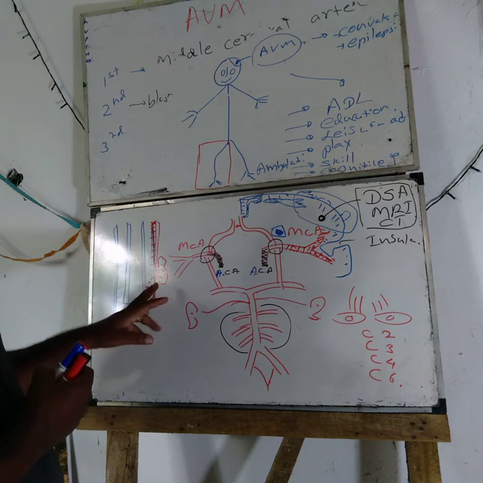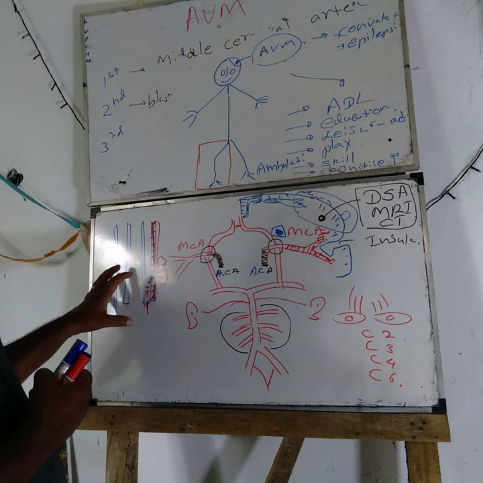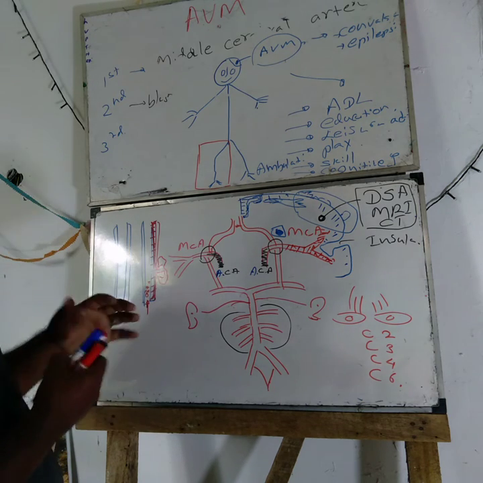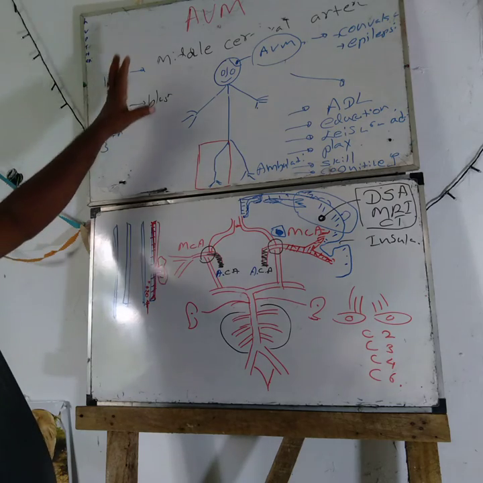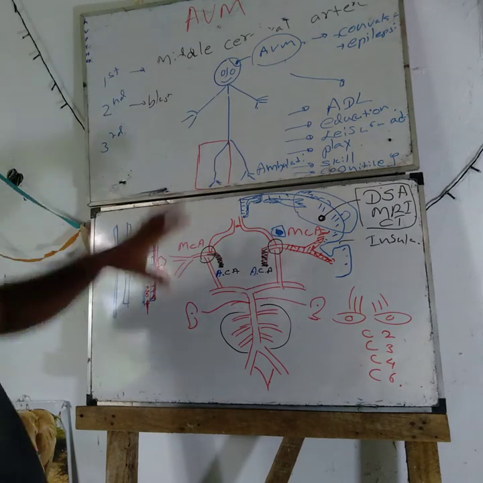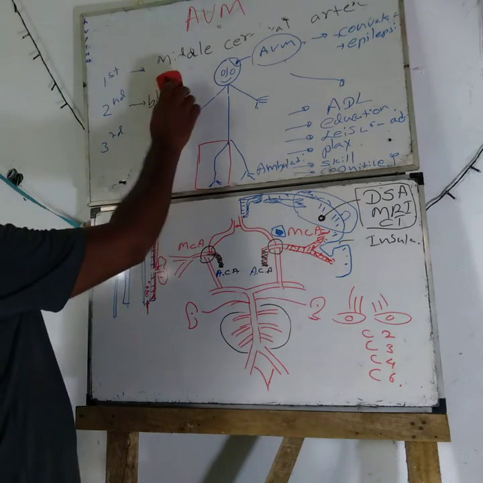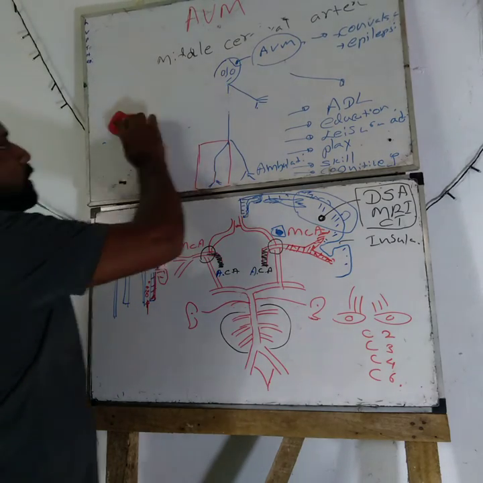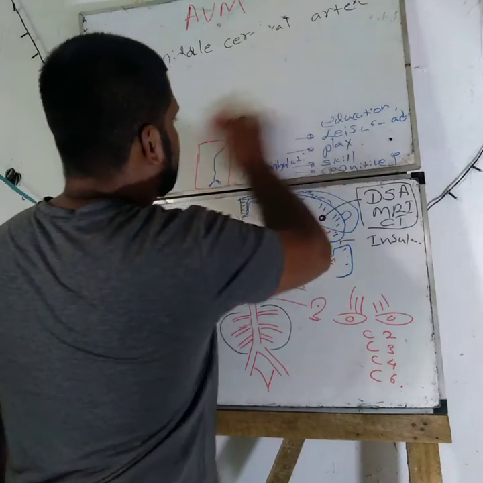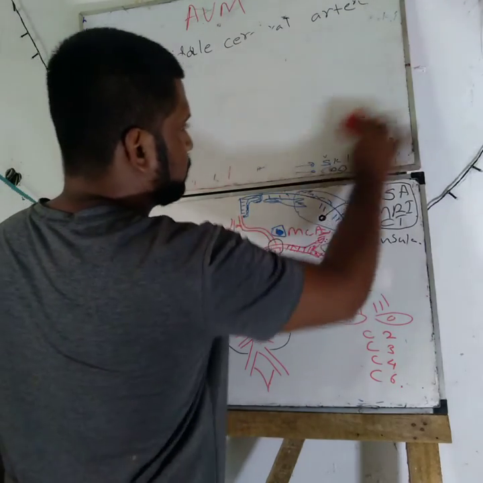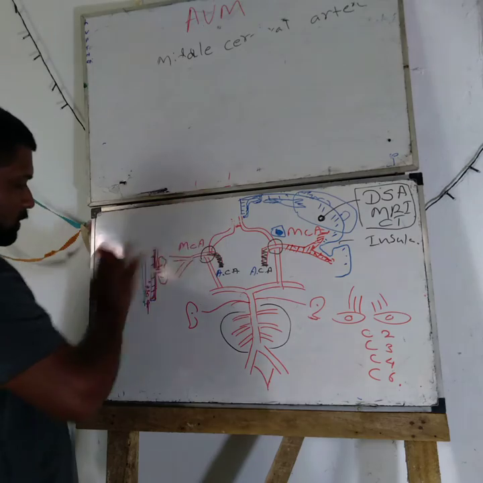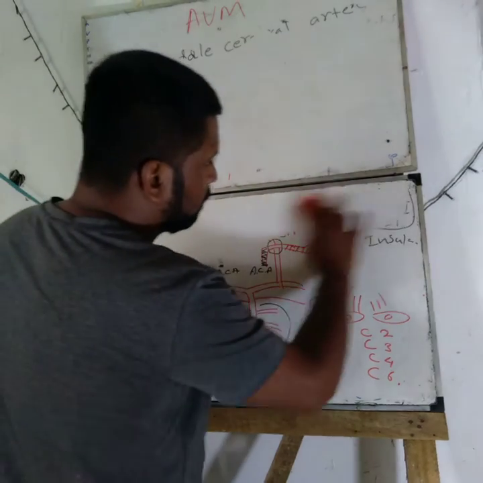That's the situation. We know this situation, right? We discussed these things briefly. Now we are going to other special things about the middle cerebral arterial situation. It will also be discussed in the next program.